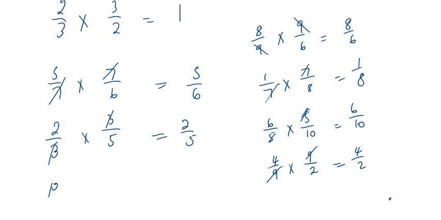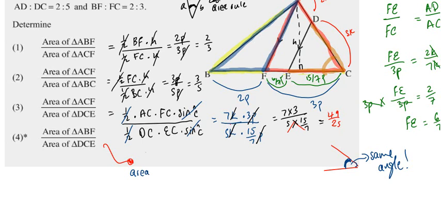Okay, that's fractions. But why are we wasting time here? Well, let's look at the problem. The problem is looking for the area of triangle ABF over the area of triangle DCE, and if you look at ABF and DCE, they don't have any direct relationship.